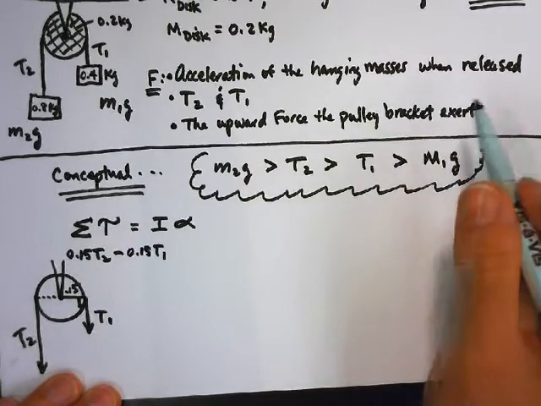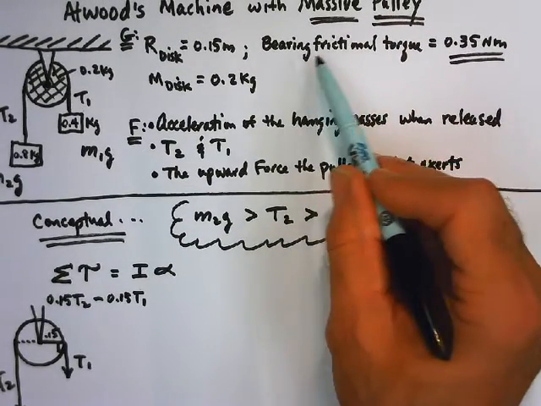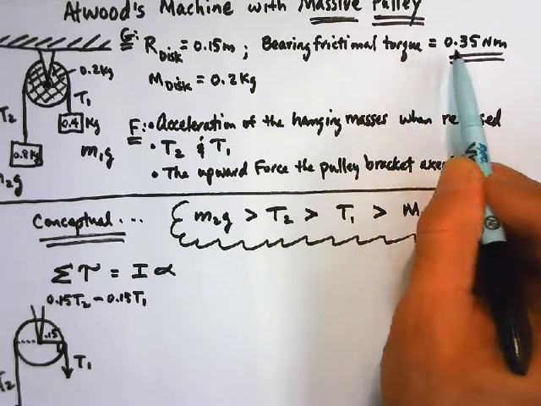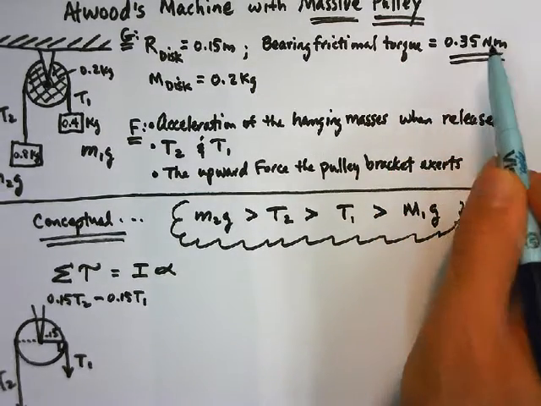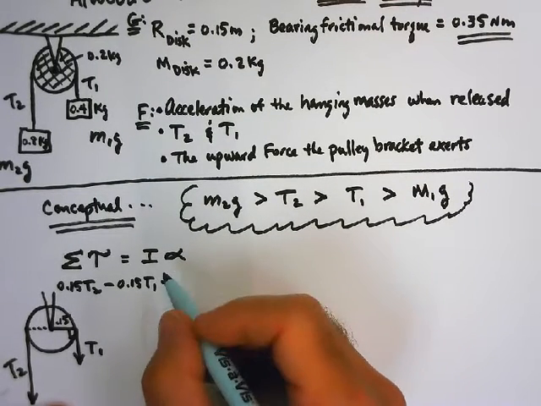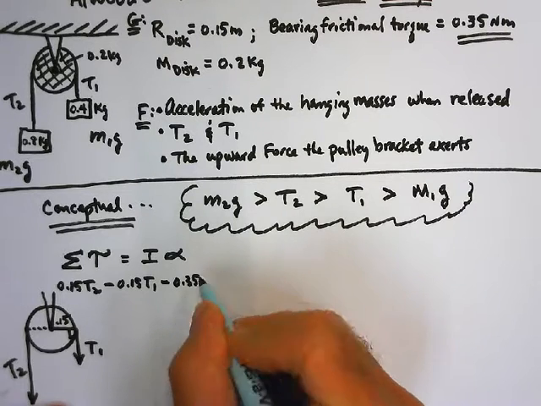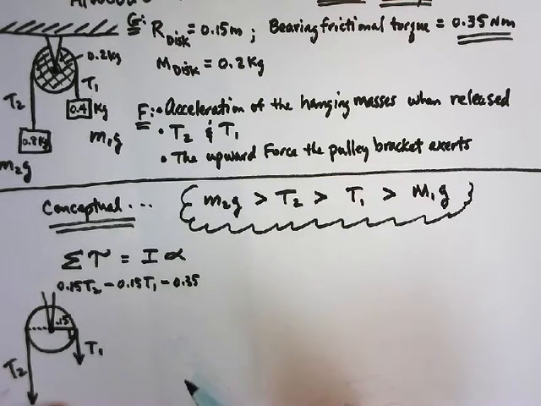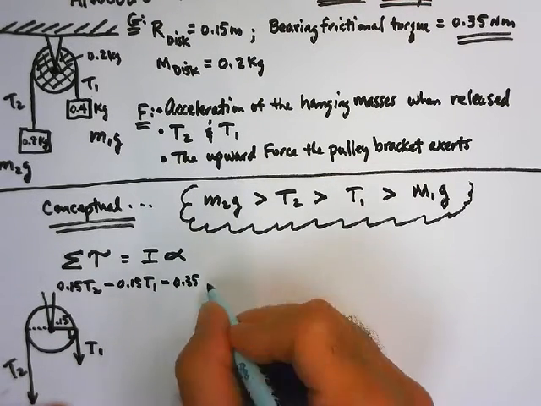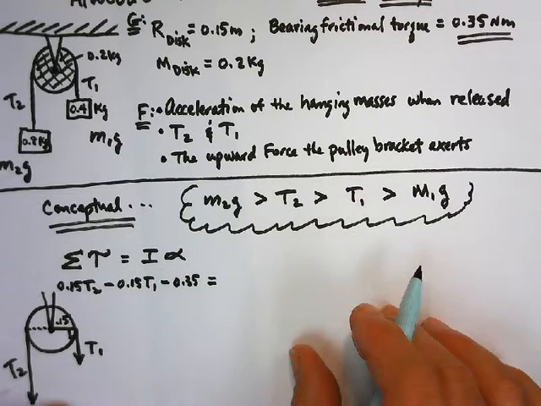Remember, if we look back up here, there's bearing friction, which is producing a retarding torque, and that's 0.35 Newton meters. That's constant. So that's going to retard the system too. So I'm going to put 0.35 in for the torque due to the friction in the bearings of that axle. Okay, that all is equal to I alpha.